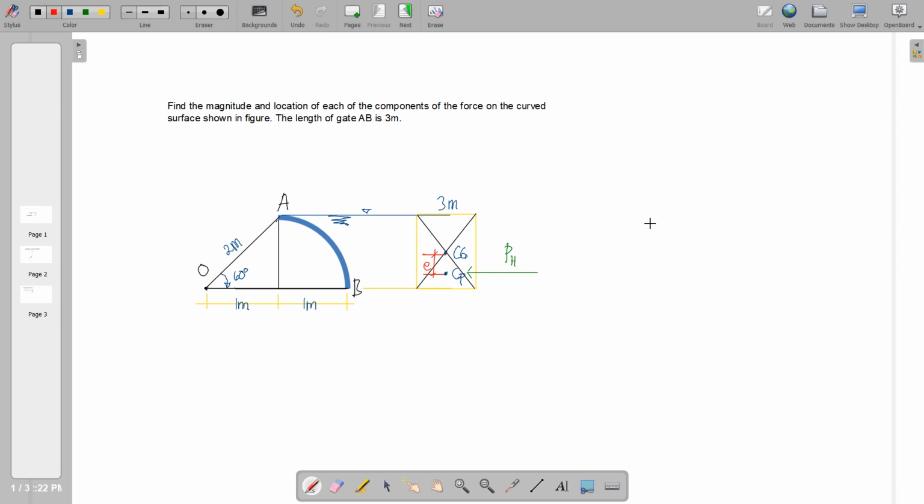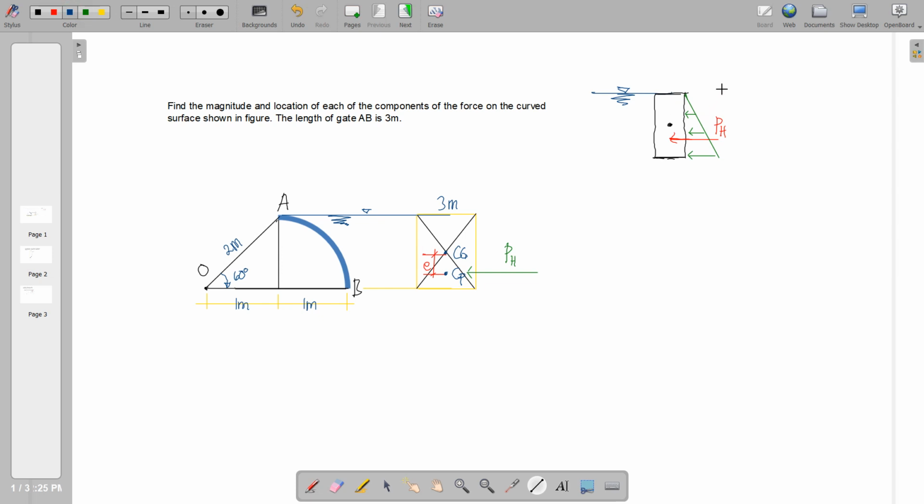In case that we have a rectangular shape that is fully submerged into the liquid surface, say if we have this the liquid surface, and then this is the gate, and here is the horizontal force, just remember that the pressure is in triangular form. Why is that?